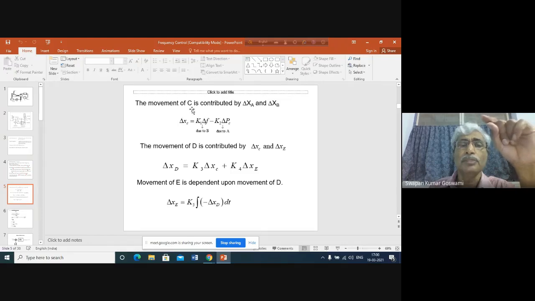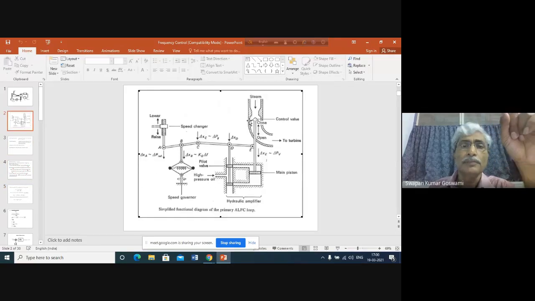Now, how can you change the position of C? Movement of C is contributed by delta XA and delta XB. But how is it being contributed? Whenever A is moved down, what happens? C moves up. That means a negative movement of C is effected when a positive movement of A takes place, or a positive movement of A creates a negative movement of C. Is it clear?